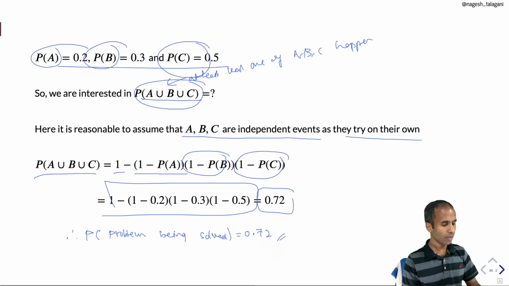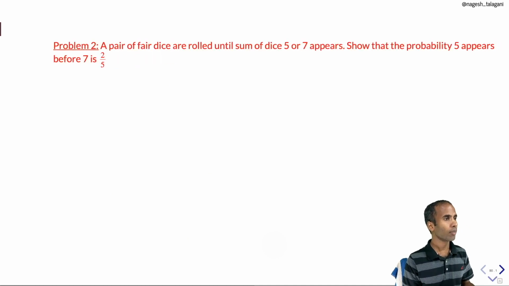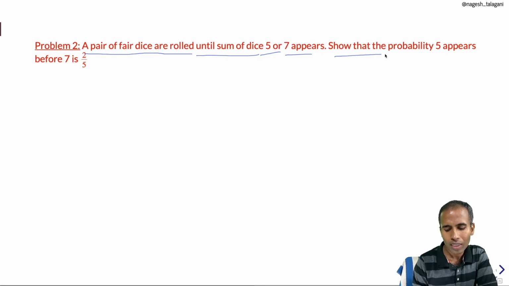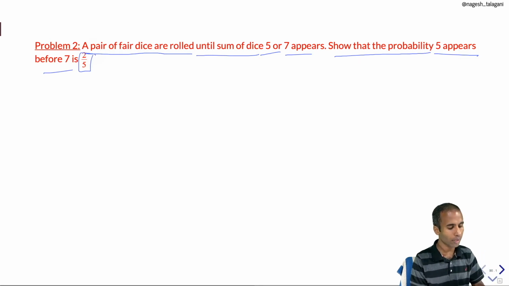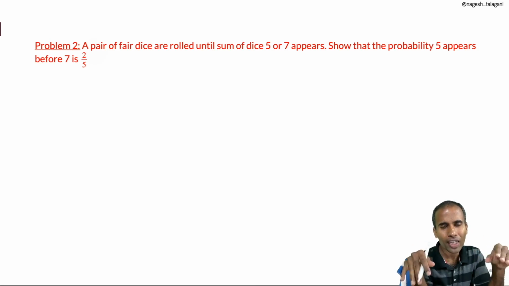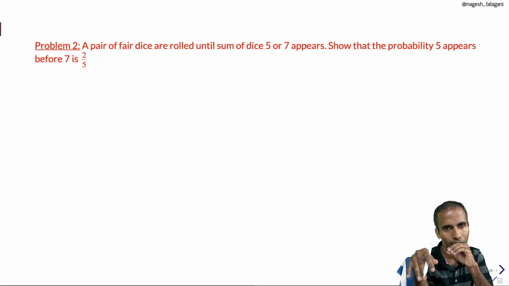Let me clear this. Next problem. Here is the problem. A pair of fair dice are rolled until a sum of 5 or 7 appears. Show that the probability of 5 appearing before 7 is 2 by 5. Here the experiment is we keep rolling a pair of dice until we see a sum of 5 or 7 appear.